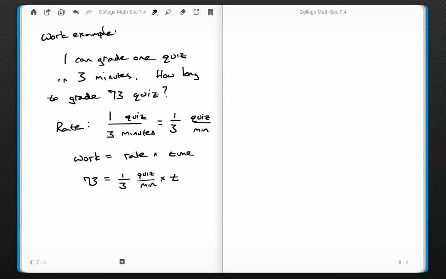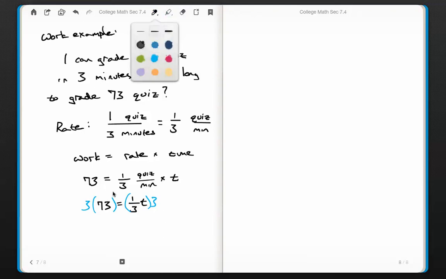Well, here again, so I could write this a little easier. 73 equals 1/3 t. I could multiply everything through by 3 to get rid of the fractions. And so this winds up to be, oh, look at this, my 3's cancel. That was kind of nice. That 3 cancels with that 3.